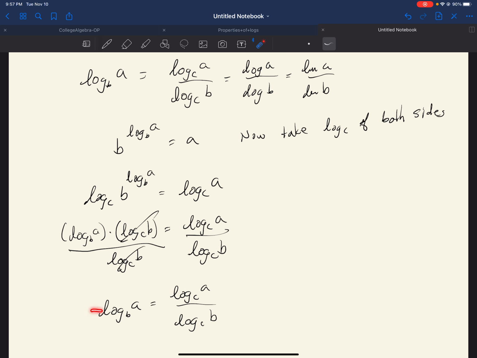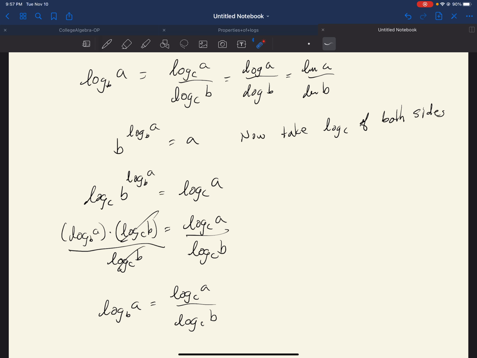If you drew a fraction bar right between the log, the a sits up top and it stays up top, and the b is down low and the b stays down low. And all you have to do is put log c, whatever your favorite number is, on the other side. So that's how I remember it.